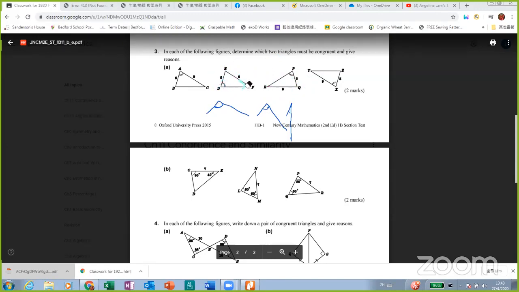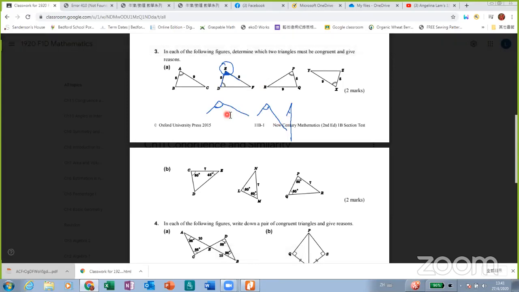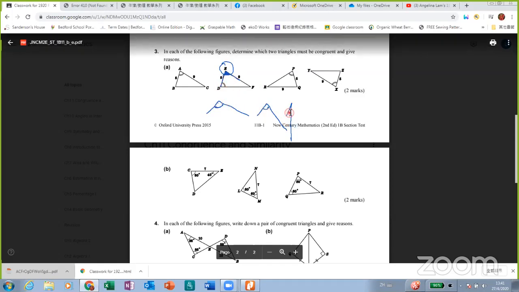Can you see clearly? There's a problem if I have the two lengths here but I don't know the angle between these two lengths; then it can happen like that. I can have these two the same, but the angles here are not the same. Then I can have different kinds of triangles, different shapes. These lengths are equal, but the angles are different.